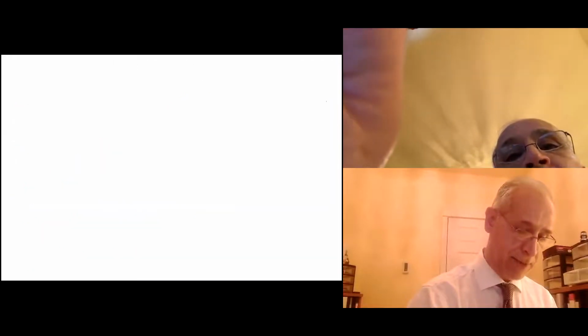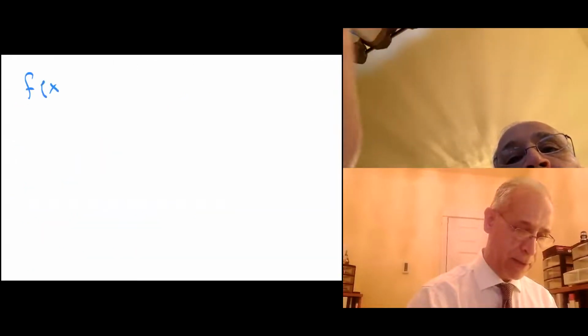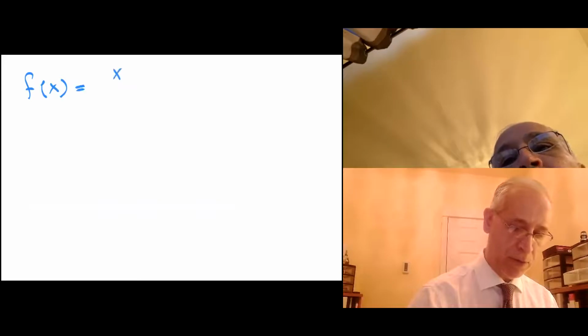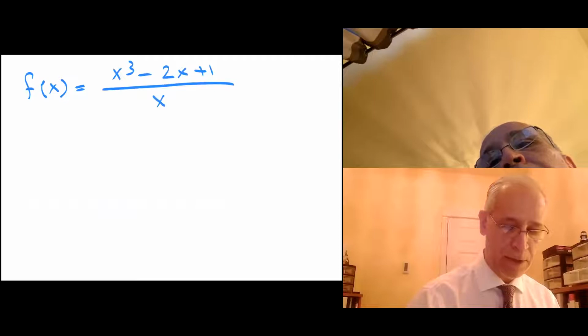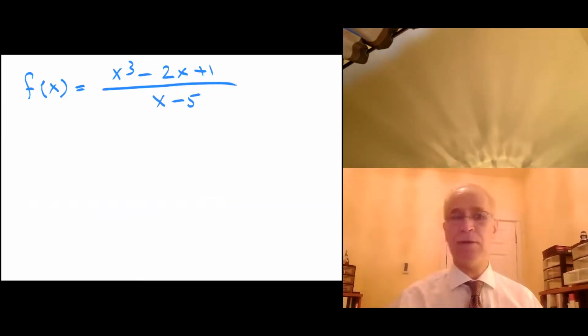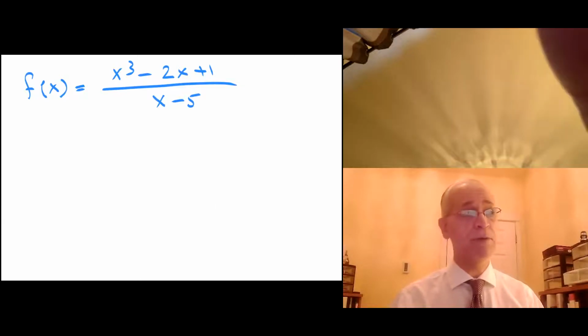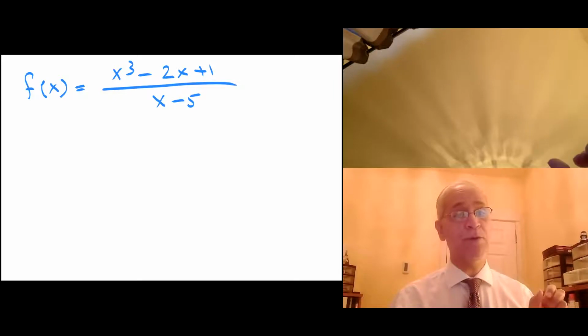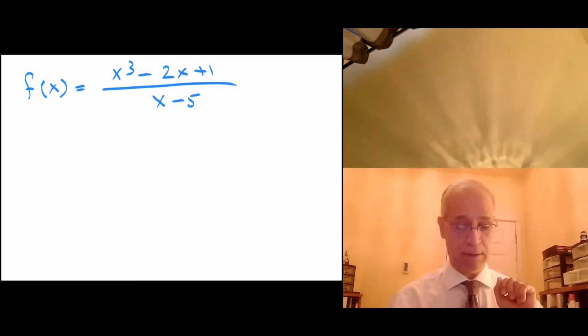Suppose I have f of x equals x cubed minus 2x plus 1 over x minus 5. Now, this rational function does not have an oblique or slant asymptote because the numerator is 2 degrees higher.